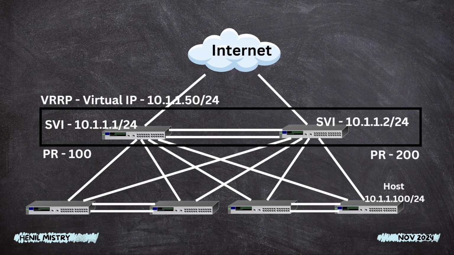Now let's suppose this is the first case, when both devices have different priorities. The setup is the same, the IPs are the same, the virtual IP is also the same. But let's say for this device the priority is 100, and for this device the priority is 200. In that case, this device will be master and this device will be backup.